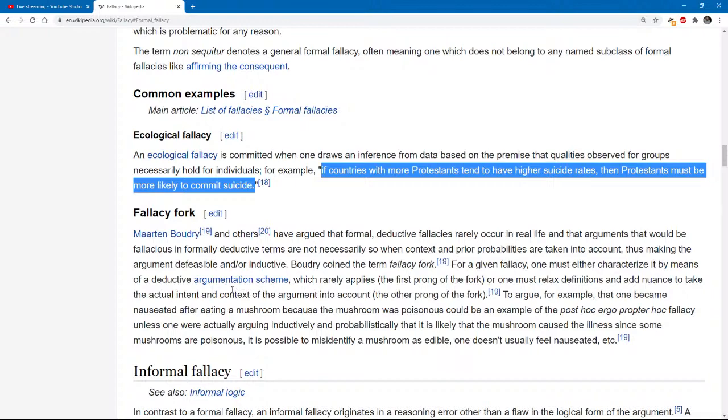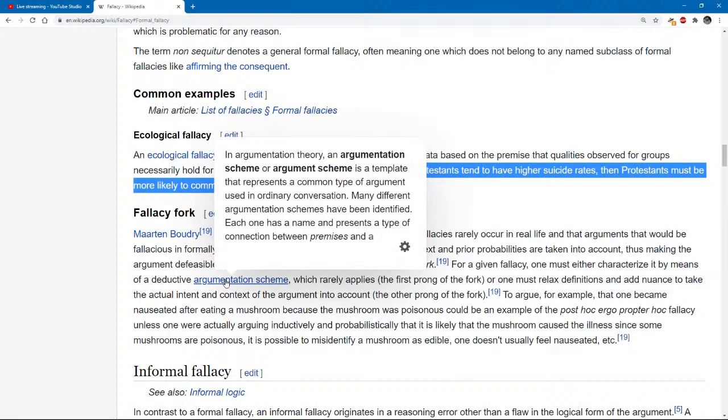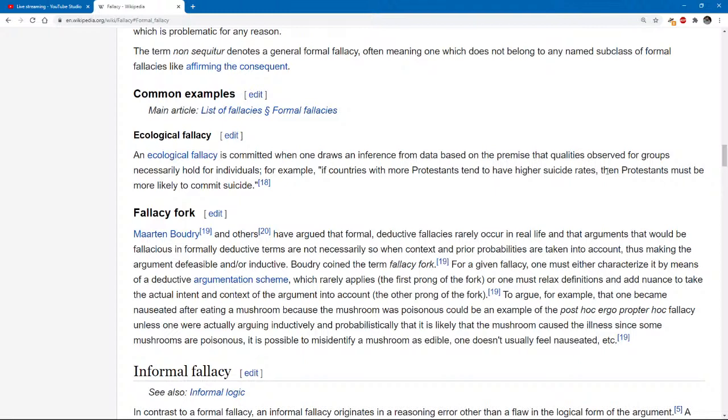That may not be that they're the ones committing suicide. It may be they're the ones who report it more, and non-Protestants don't really report it. No, no. I think you had it right the first time. It's not about reporting. It's countries with more Protestants tend to have higher suicide rates.